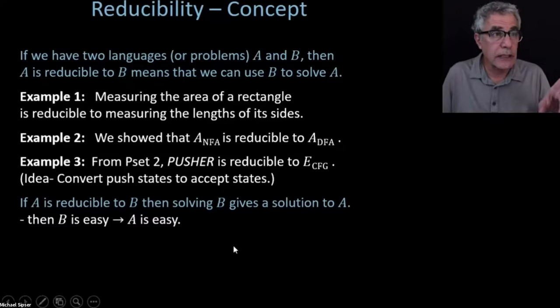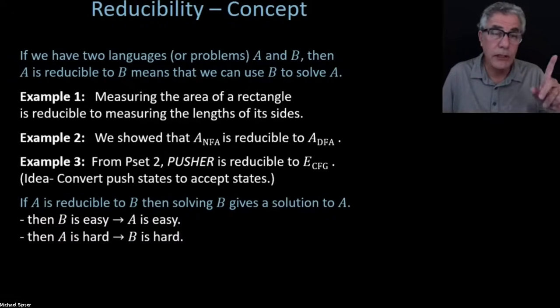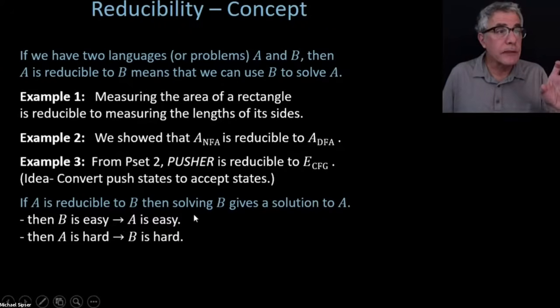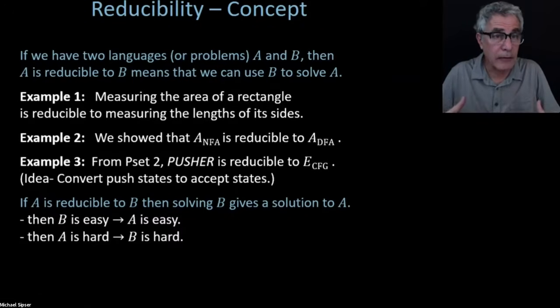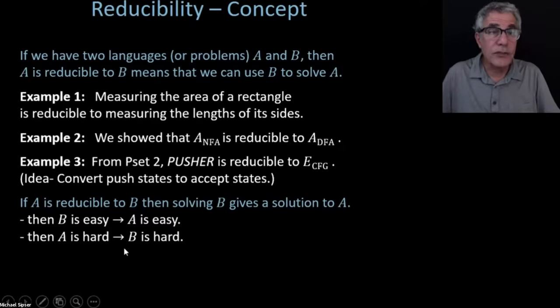We're going to be most typically using it in the second version, which is a little bit more convoluted. But this is the way you're going to have to get used to this. So if A is reducible to B, and you know A is hard, undecidable, unrecognizable, whatever the form of hard you care about, then that tells you B also has to be hard.